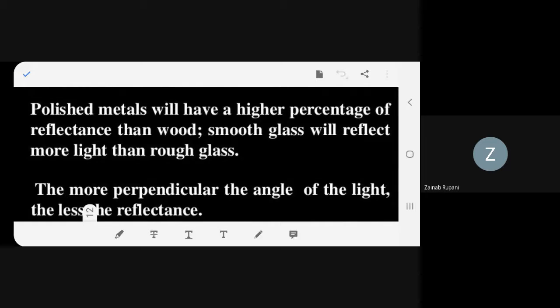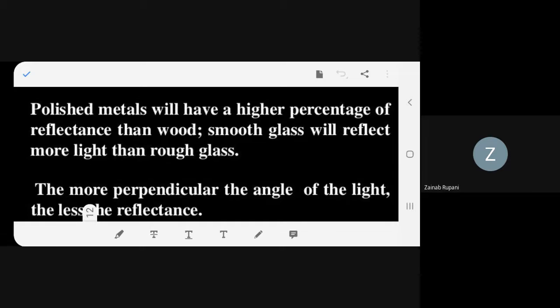If the surface is rough, the reflectance will be lower. If I polish it and make it glossy, reflectance will be high compared to wood, because wood surfaces are generally very rough. Same way, smooth glass reflects more light than rough glass. Simple.